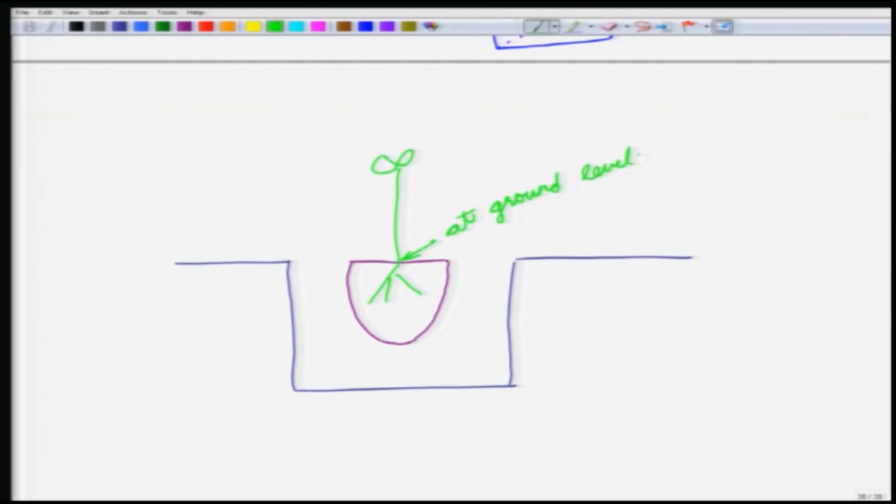Now, typically the pits are a bit deeper. So, what we do is that we had collected the topsoil on one side and the subsoil on the other side. So, we add this topsoil downwards so as to make some sort of a stand on which this plant can now be kept. So, your plant will be kept in such a manner that the collar remains at the ground level.